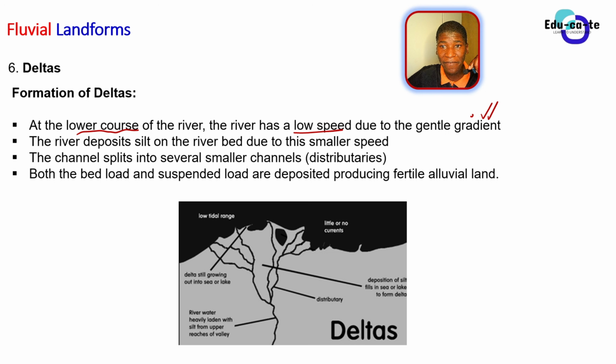As this river is having smaller velocity, it's not flowing that fast due to the gentle gradient at the lower course. Now remember that when the river is not flowing so fast, it is not able to carry more eroded material. Remember, guys, that a river, as it is flowing, is carrying some materials, okay?